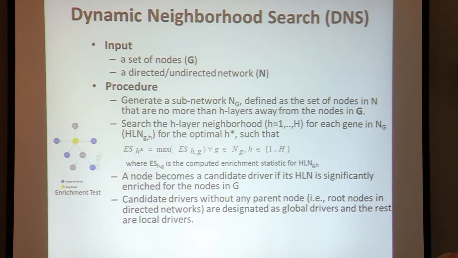But when you calculate the enrichment, probably the p-value will not be as significant as the first layer neighborhood. So we just keep getting the statistics from every layer neighborhood, and then find the best layer whose neighborhood is most enriched for the input gene list.